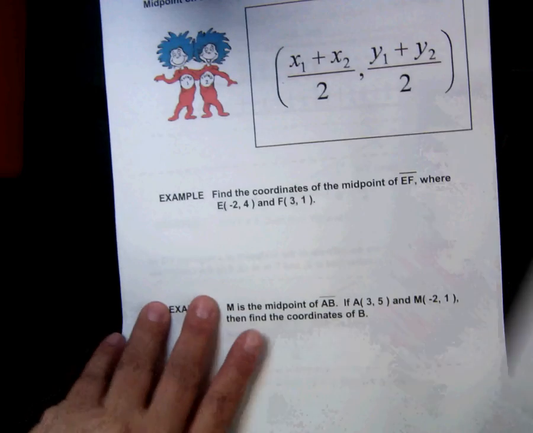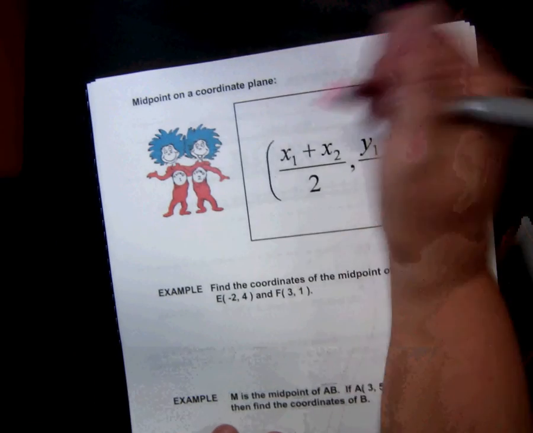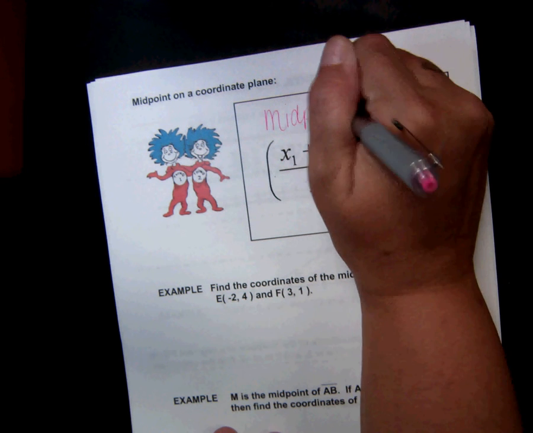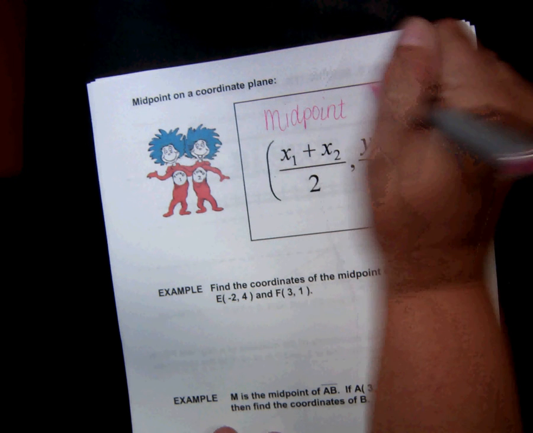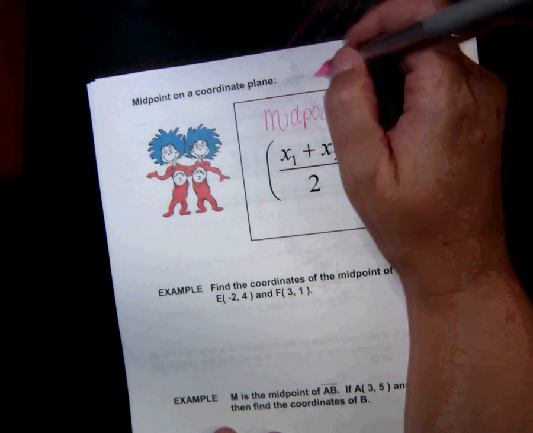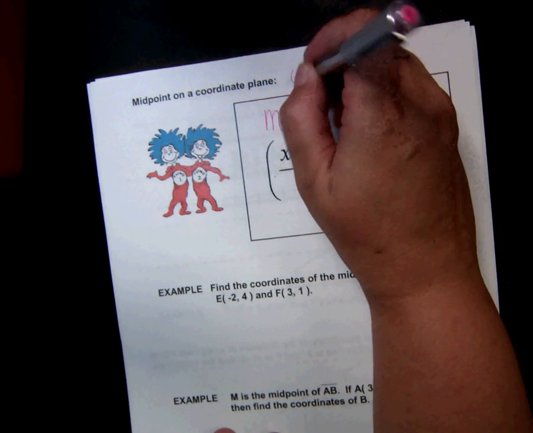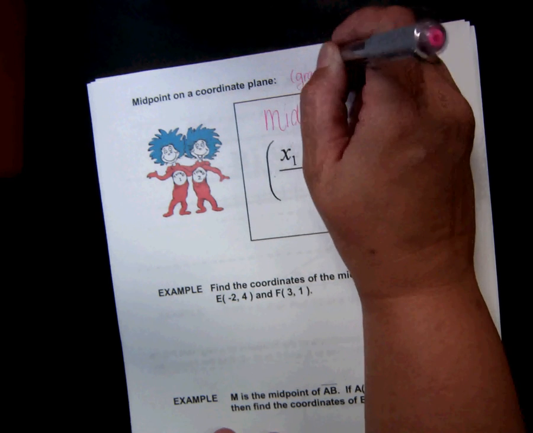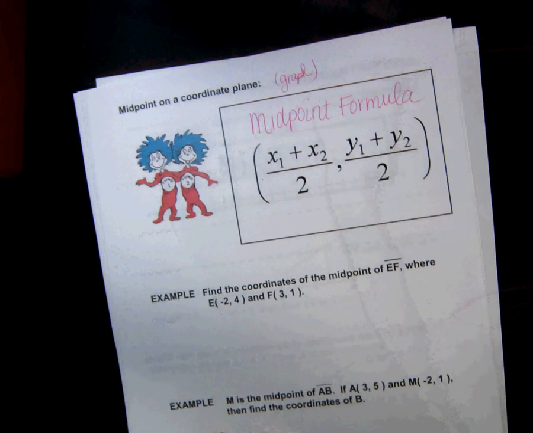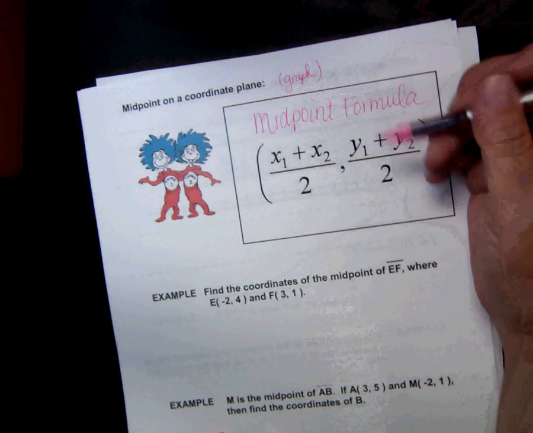Okay, let's look at the midpoint formula. This is our midpoint formula on the coordinate plane. So when you're doing this on a graph, on the coordinate plane, when you have to plot the points, this is the formula you would use, and you do it twice.